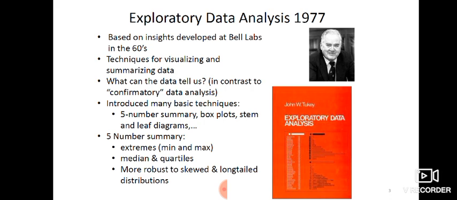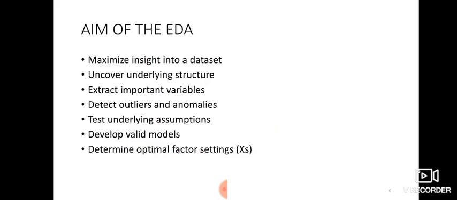It tells us what the data can tell us. Based on this, there are many techniques such as the 5-number summary, box plots, and stem-leaf diagrams. So what is the 5-number summary? It gives us the extremes, that is the minimum and the maximum. It gives us the median and the quartiles. It is most robust to long tail distributions.